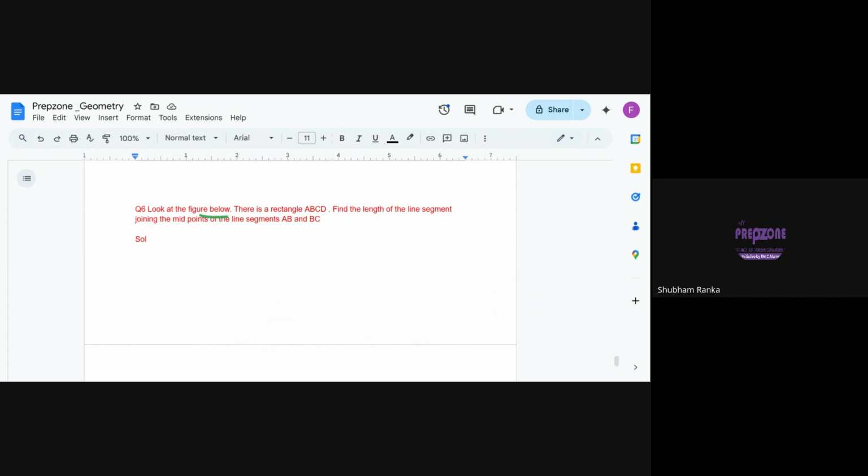Now, figure below rectangle. Okay, I'll draw a figure for you. This is the question on a rectangle. In this case, let me draw a rectangle ABCD. Midpoint of the line, second point, and then second.